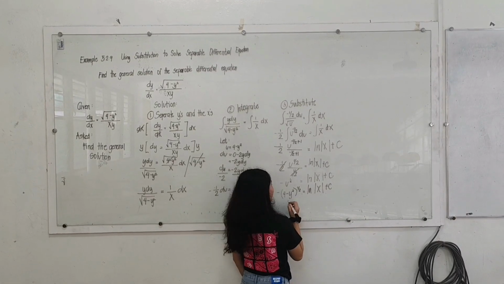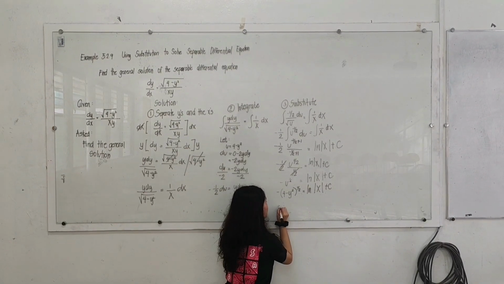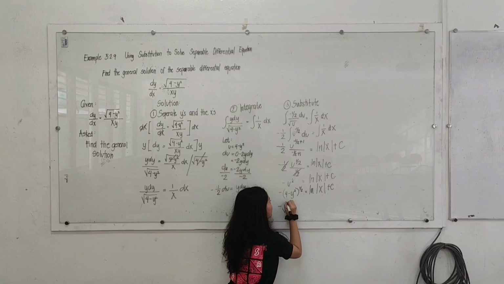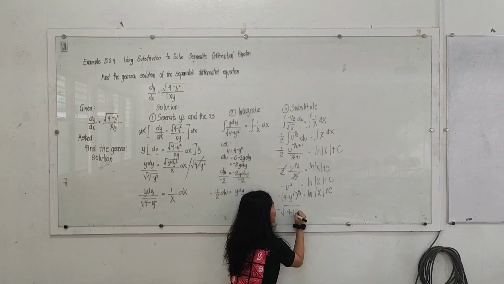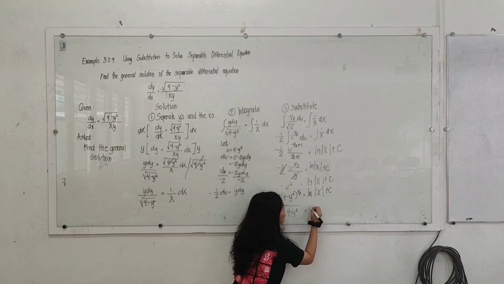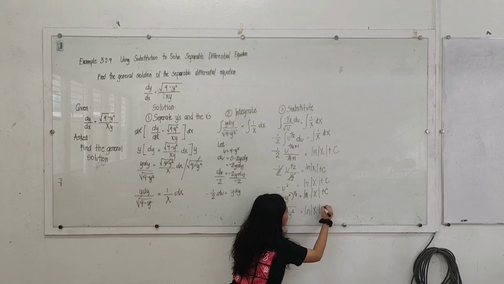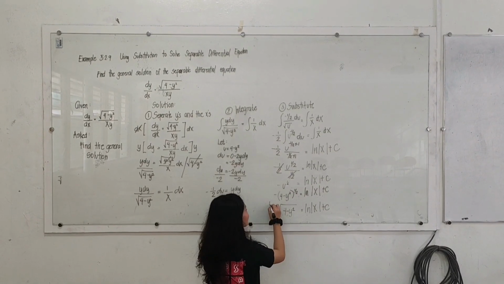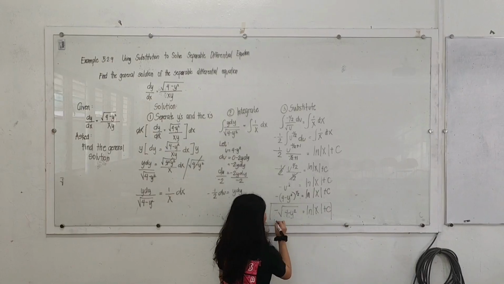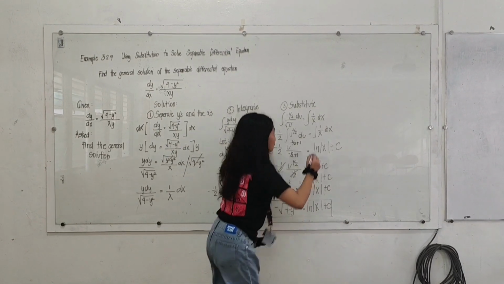So, or, pwede natin siya i-square root, square root of 4 minus y squared equals ln absolute value of x plus c. So, that is the answer, guys, for our general solution.